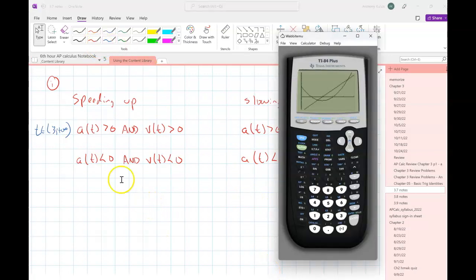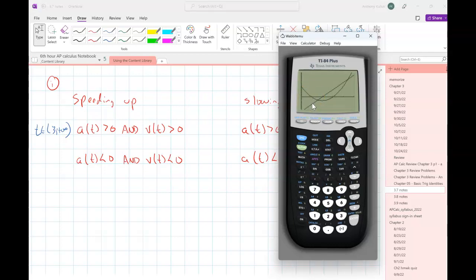Okay. Let's find the place now where both are negative. Where does that happen? Sure. Right, starting here and ending there. Wait, but then isn't the acceleration not negative? It's below the x-axis.